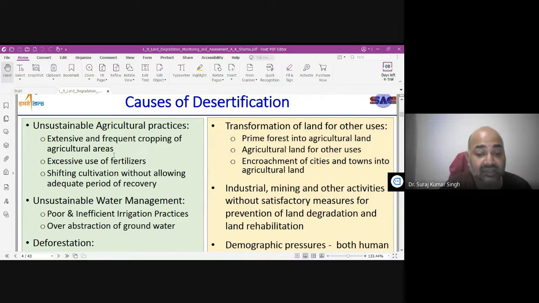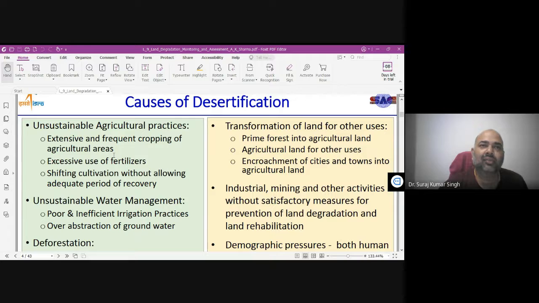Then shifting cultivation without allowing an adequate period of recovery. Like if you are ill from corona, anybody says that post COVID-19, at least you have to take 15 days and you have to see yourself, see how you are feeling, and take rest. In the same way, even if you want to give rest to your agricultural field, the number of days required is not accurate or not adequate, because we do as per our needs.